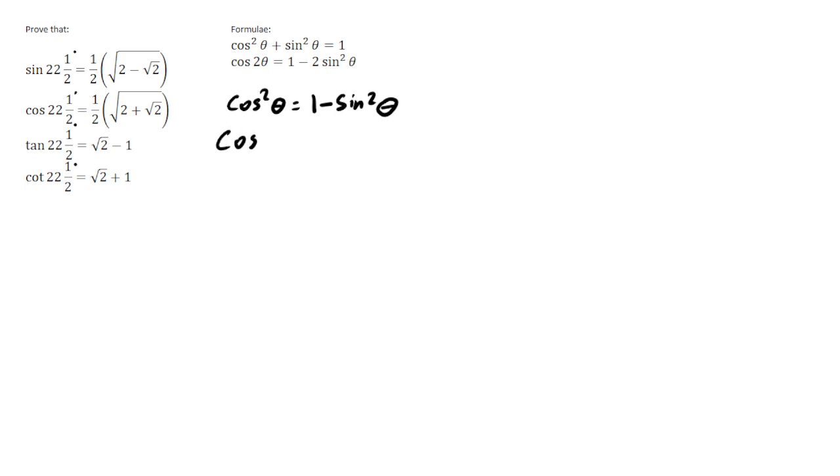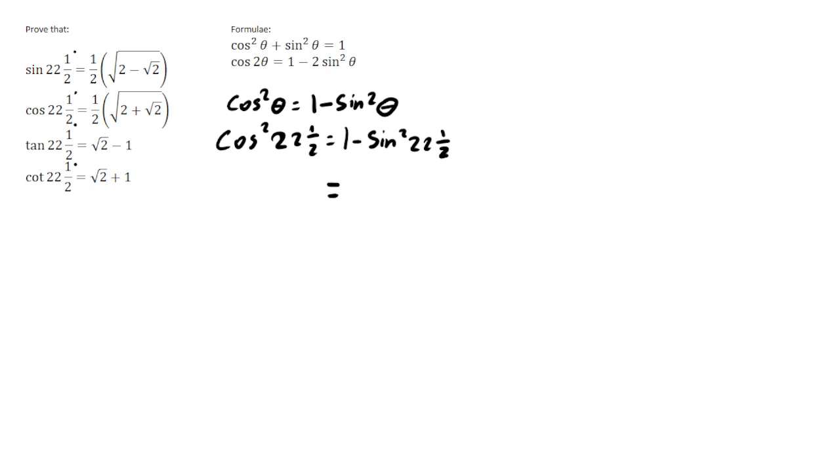So cos squared 22.5 is equal to 1 minus sine squared 22.5. And we already have sine 22.5, so all we need to do is square it.